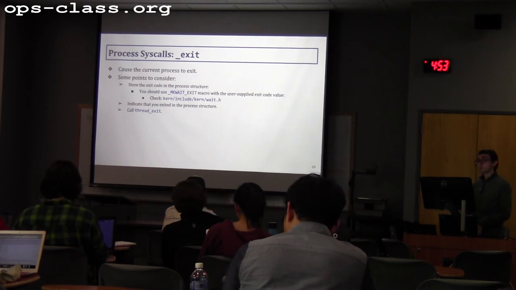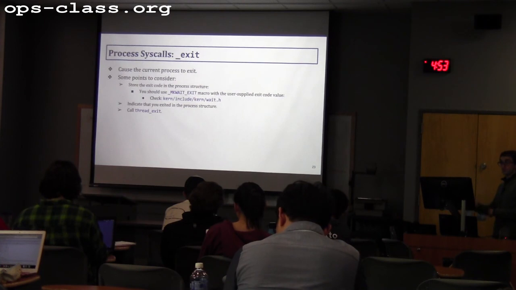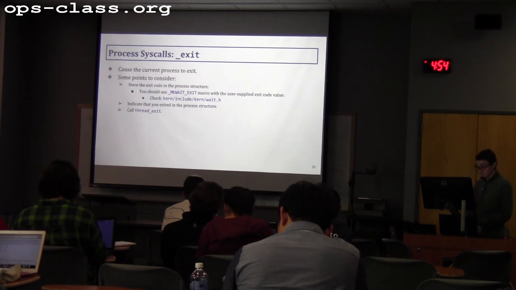If we remember, in the process structure we had two variables. One indicates if we've exited or not, and one holds the exit code. So you need to save the exit code in the exit code variable. You also need to save the exit status in the exit status variable in the process structure.